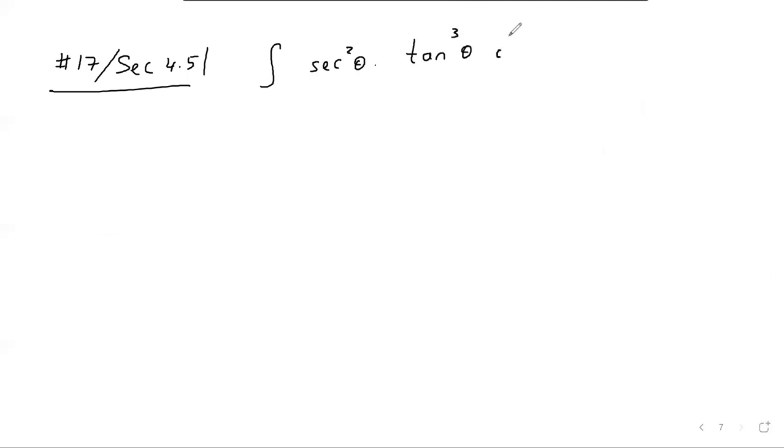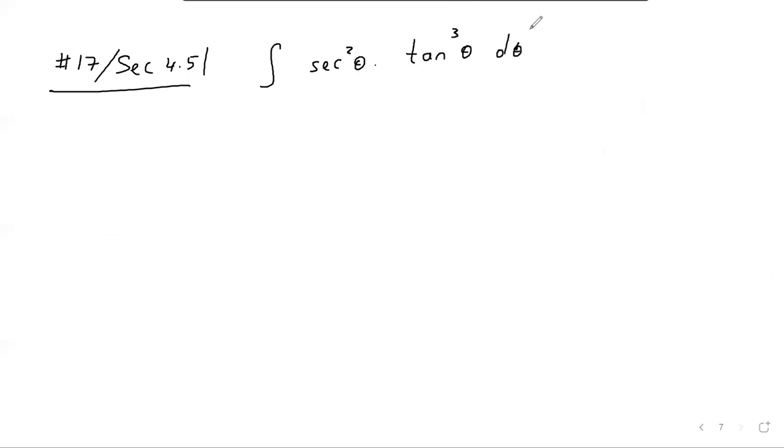This is interesting. It's slightly different in appearance, but you will see how the pattern is exactly the same. So number 17 of section 4.5 really is the antiderivative of secant squared theta times tangent cubed of theta d theta.